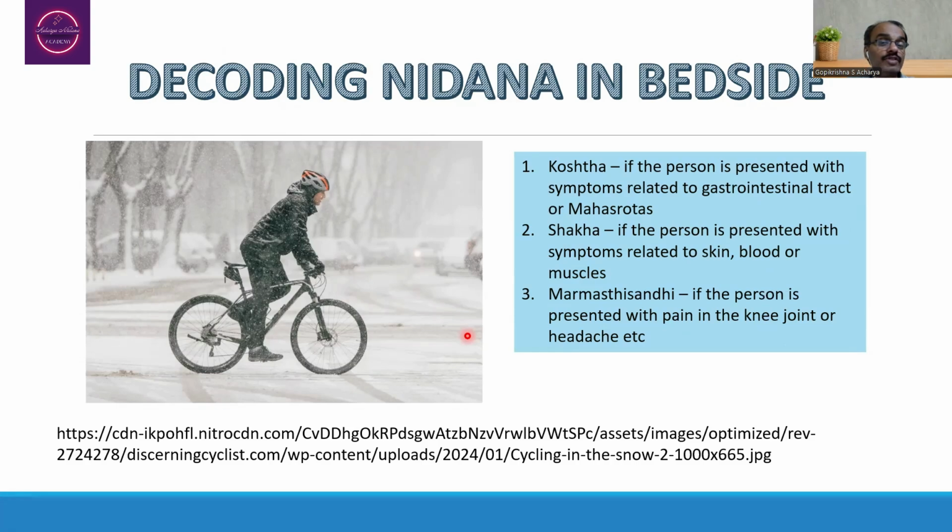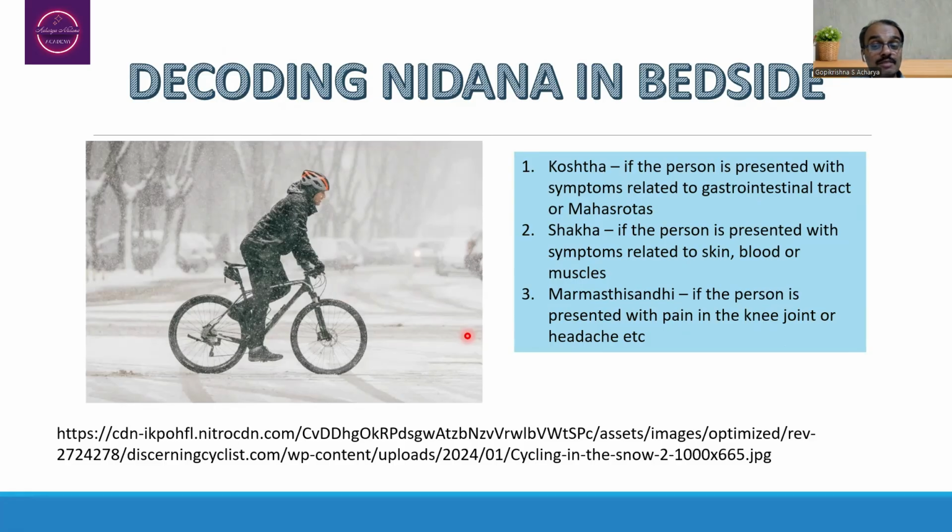Coming to the next set of the Abhyantara Hetu classification, Koshtha, Shakha and Marmasthi Sandhi. Suppose the person presents with symptoms related to the alimentary canal, maybe related to the mouth or esophagus, stomach or small intestine or large intestine, then we may suspect a Koshtha affliction.